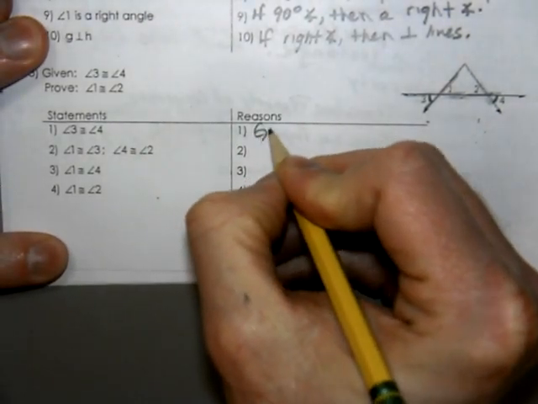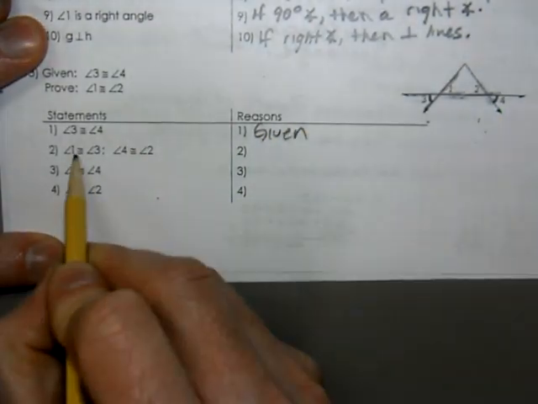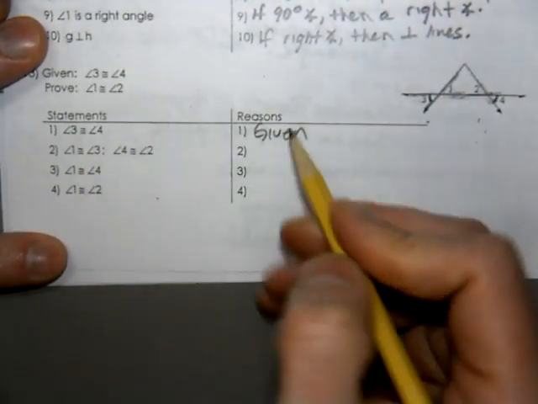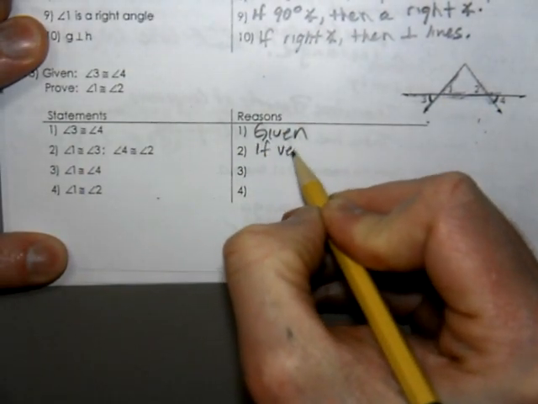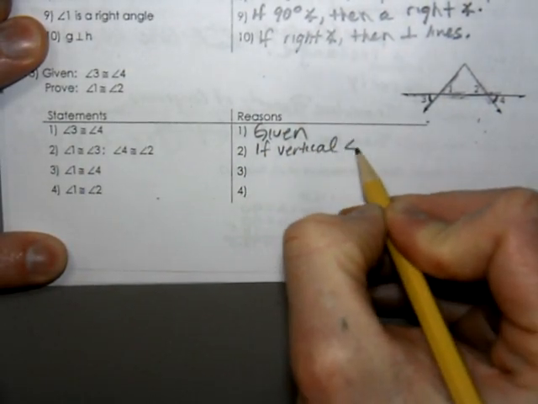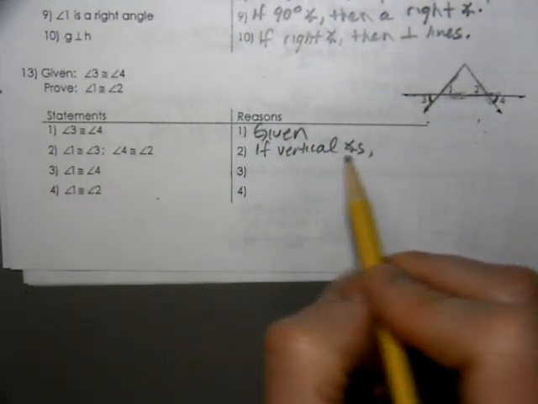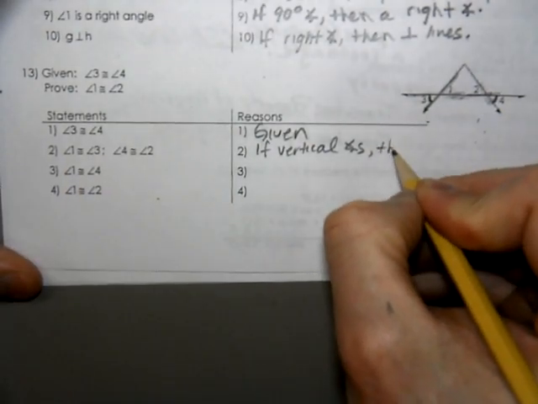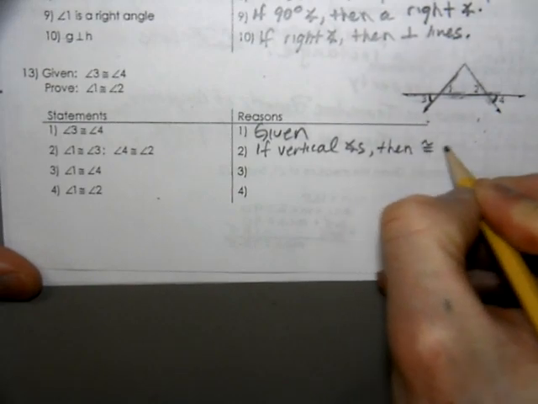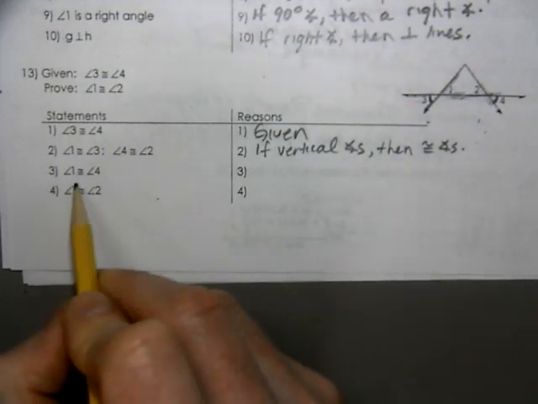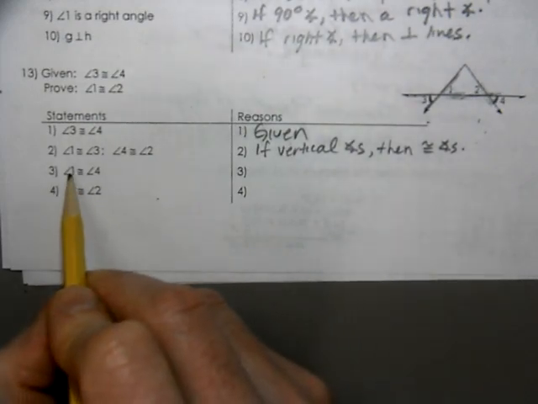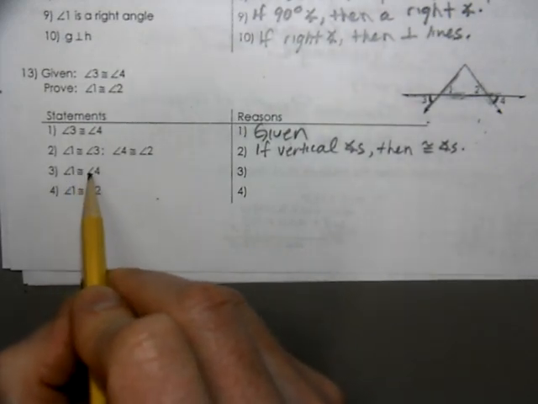So I have my given. 1 and 3, it says, so if vertical angles, this is the one example where the if is not written before it, but it's written up in the picture. If vertical angles, then congruent angles. Here we have angle 1 is congruent to angle 4.